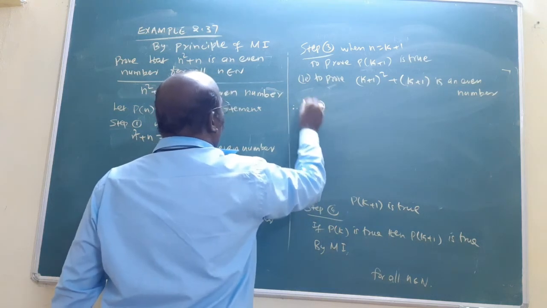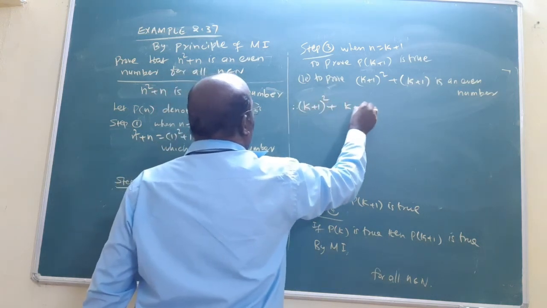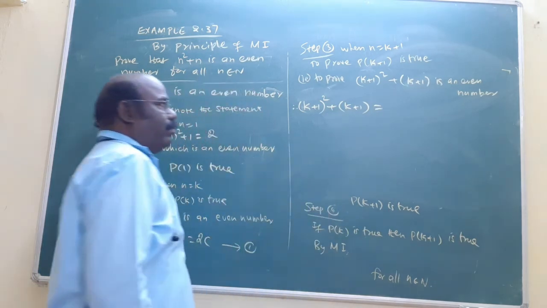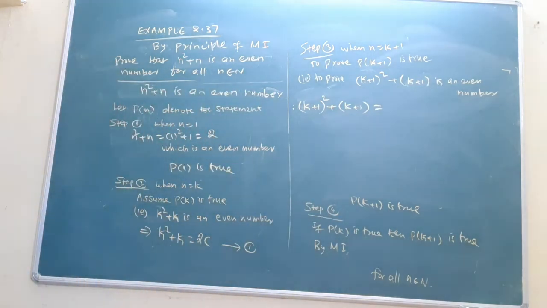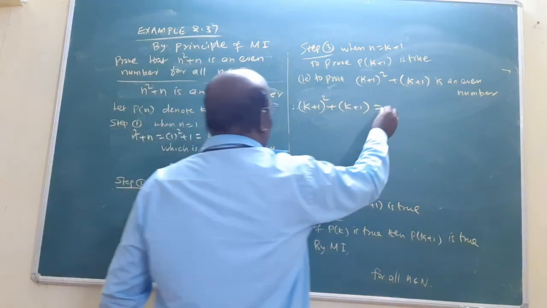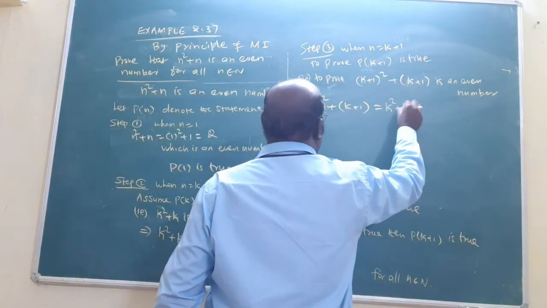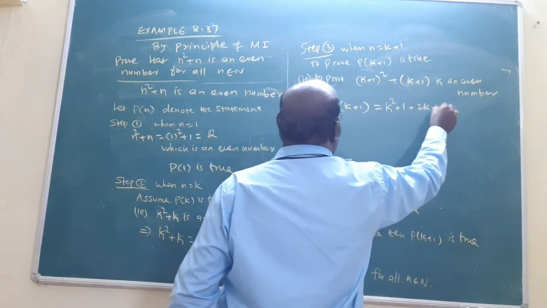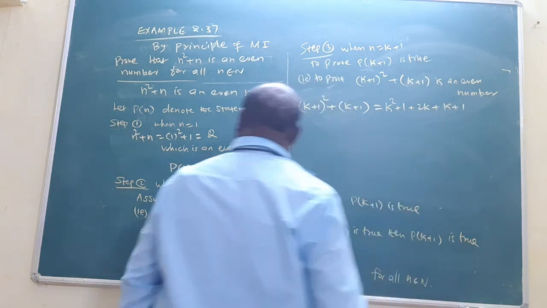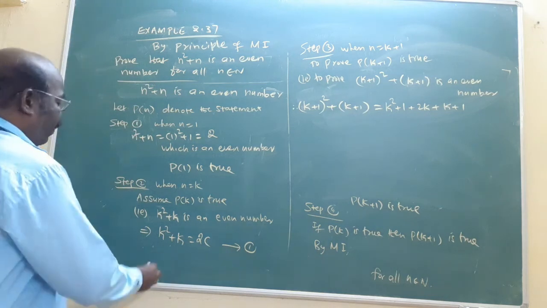Therefore, k plus 1 whole square plus k plus 1 equal to... you want to prove this is equal to an even number. What do you do? First one is k plus 1 whole square. By using the formula, k square plus 1 square plus 2k. Already k plus 1 is there. Am I right? Already we know the formula value.